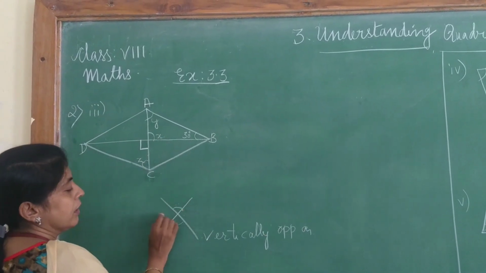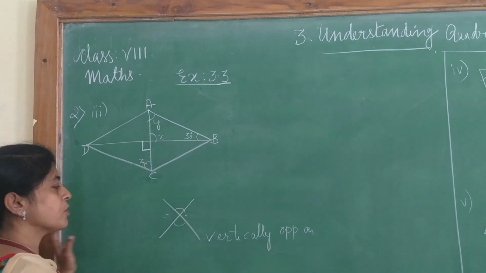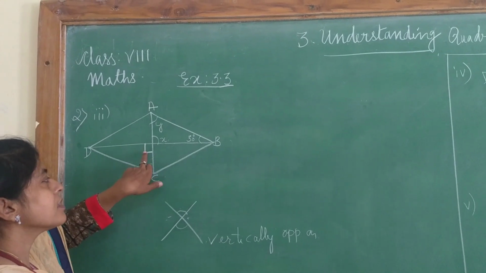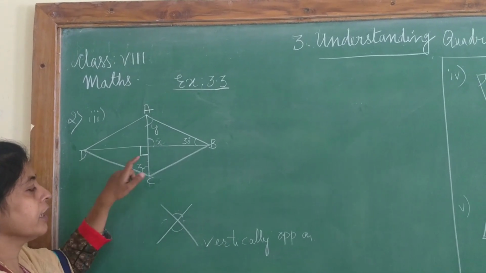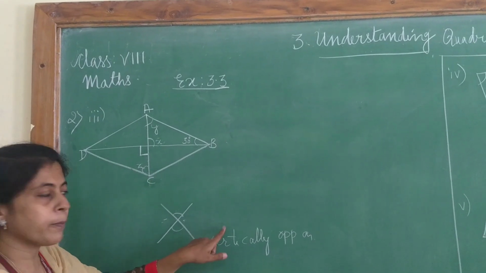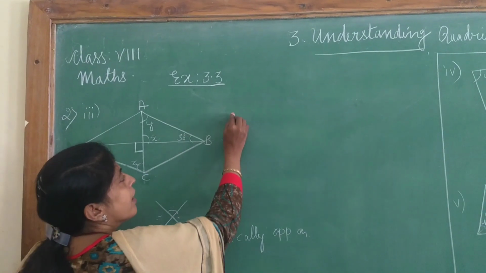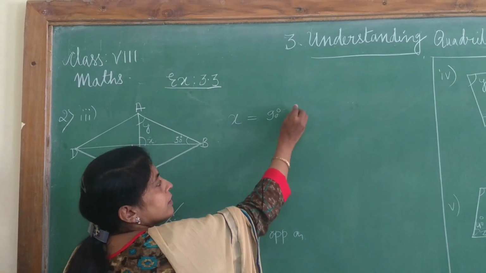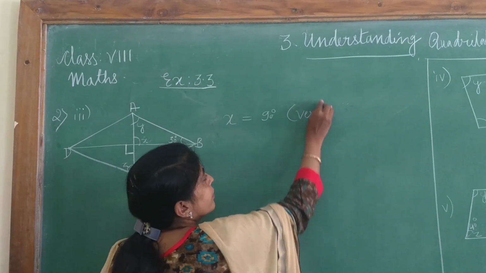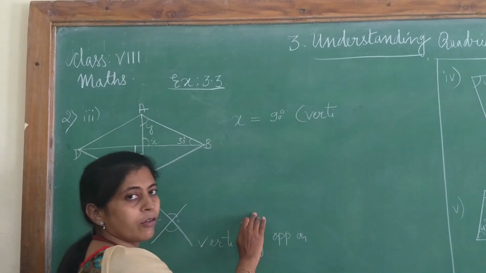Therefore, even these two are said to be vertically opposite angles. On this basis, we can say that these two are equal. That is, x is equal to 90 degrees on the basis of vertically opposite angles. Therefore, I can write x is equal to 90 degrees. This is because vertically opposite angles are always equal.